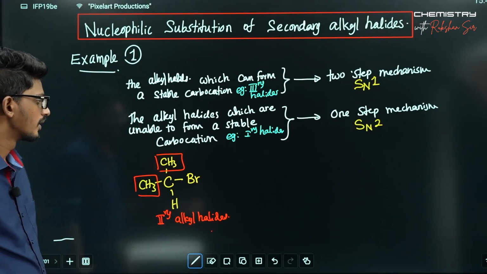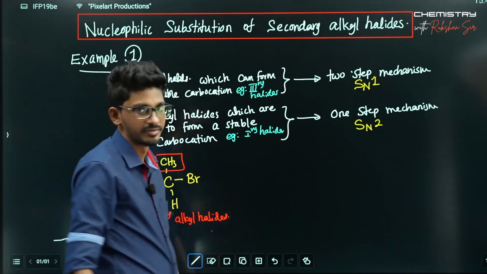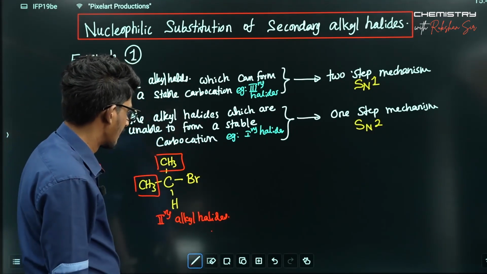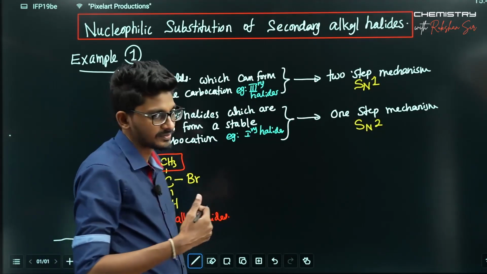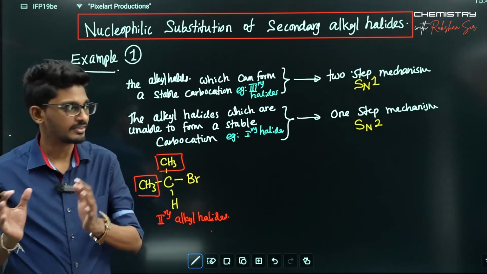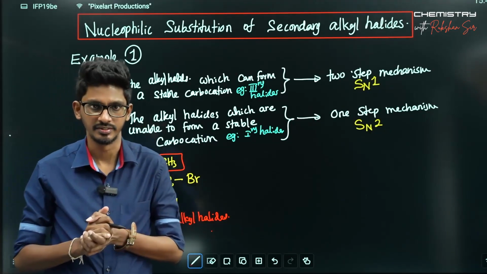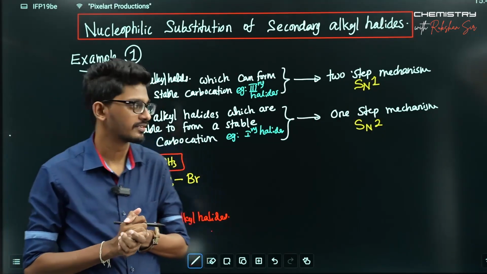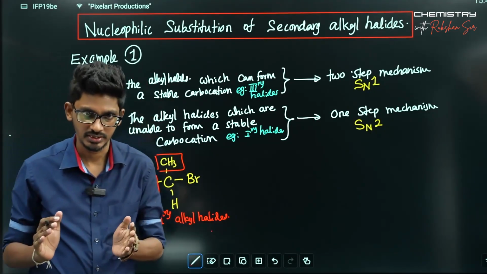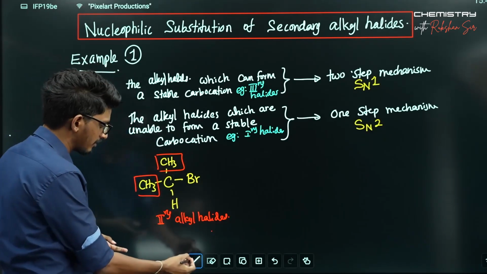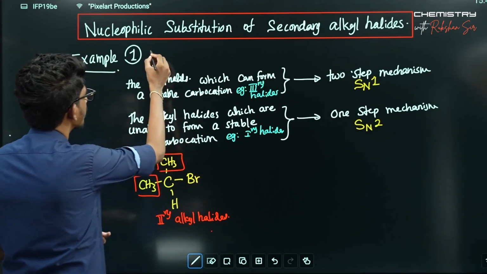So what kind of mechanism will this prefer? That is our first discussion here. As I said earlier, this will be defined by the reaction conditions. First, we are going to discuss the solvent effect. So example 1 is about the solvent effect.